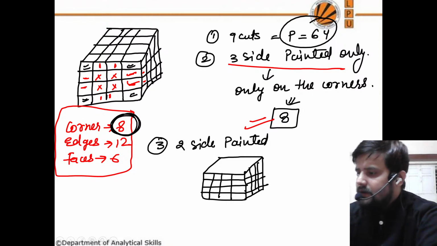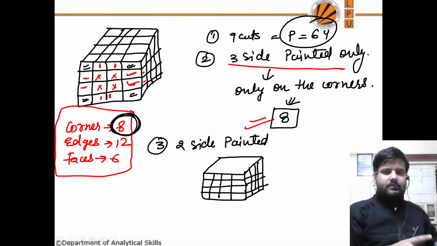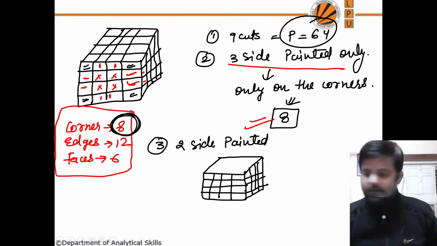Done. A cube is painted with a red. Okay, I'm opening the textbook also. 15D, 6th question.